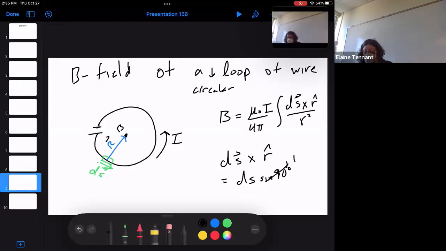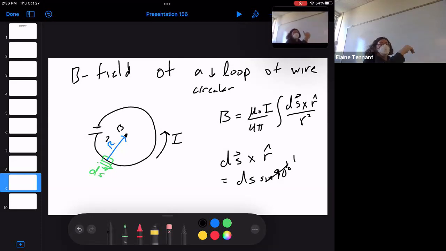Okay, really quick, let's do the direction as well. If you do a ds cross r, what direction do you get? Great. I see some thumbs pointing towards the back of the room. So you have the ds, the r. As you go around that circle, does your thumb change direction?